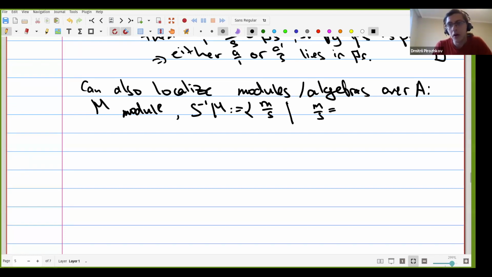m/s is equivalent to m'/s' if there exists some u in S so that u times (s'm - sm') is equal to 0. You can check that this is well defined.